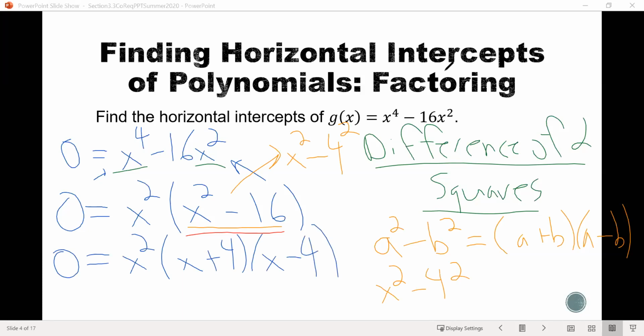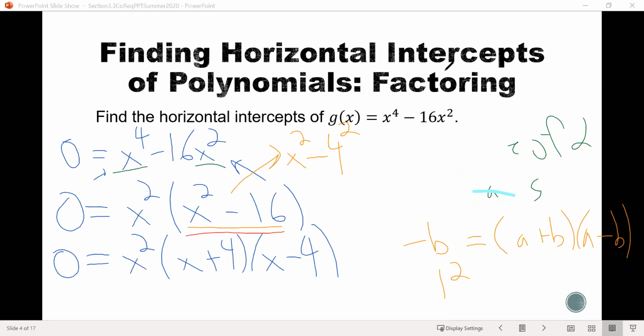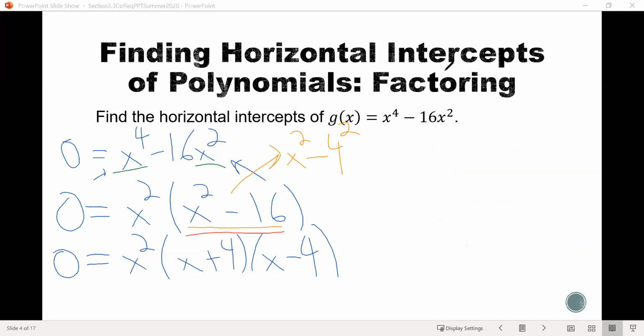Then from our study of the zero product property, to find the values for x, we need to take each piece and set it equal to 0. So we'll have x squared equals 0, x plus 4 equals 0, and x minus 4 equals 0.